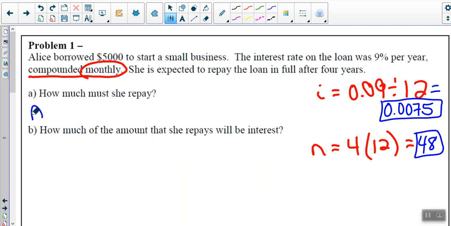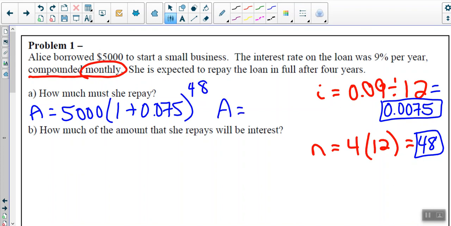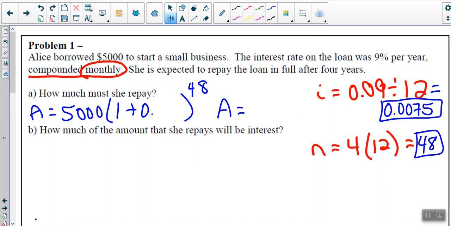So amount is equal to 5,000, 1 plus 0.0075 to the power of 48. Oh, I missed a 0 in here. 2 zeros, 7, 5.